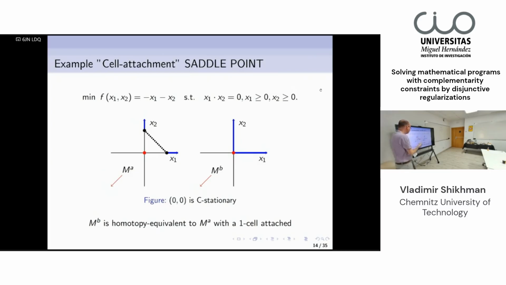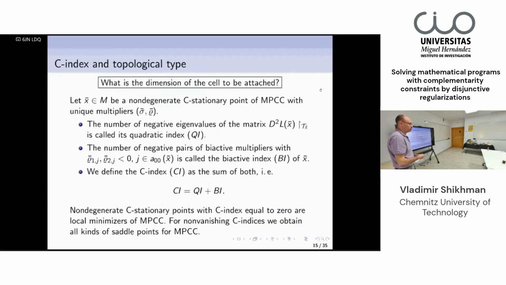This is what you have here. So you have one cell which you need to attach. So you can define the index here. What is the dimension of the cell to be attached? First of all, you need of course to count the number of negative eigenvalues of the quadratic part, like in the unconstrained case. This was not in our examples because it's like in the unconstrained case.